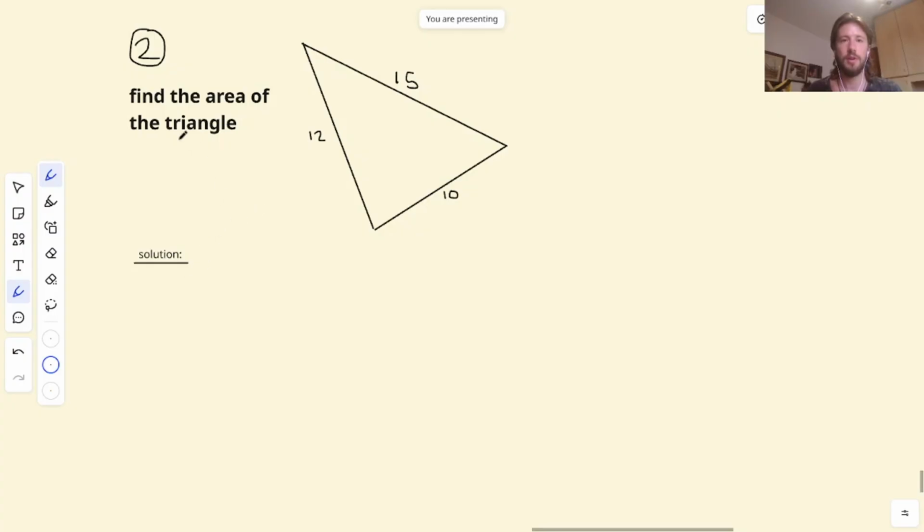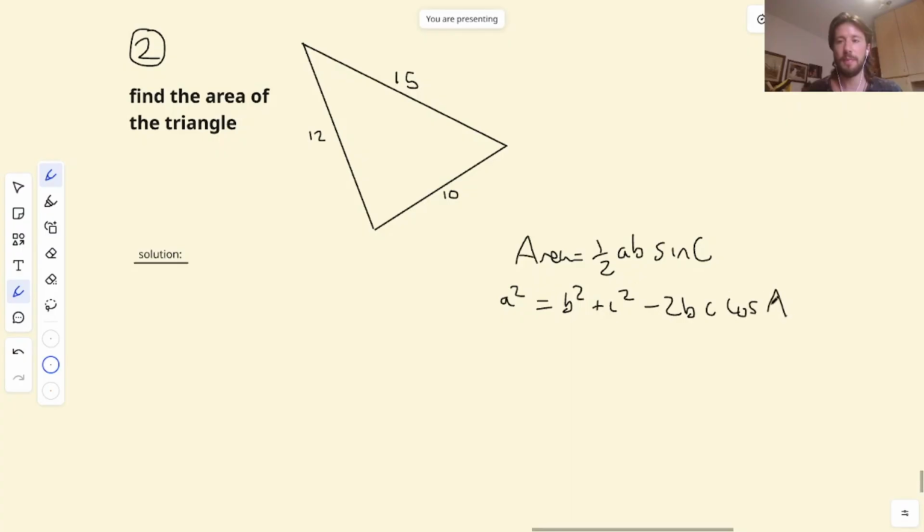So as I've said, in order to find the area of the triangle, we need to use that sine area rule. So our area is equal to 1/2 ab sine C. But in order to use our area formula, we need an angle. And in order to get an angle from this, we have to use the cosine rule. So we need to use a squared equals b squared plus c squared minus 2bc cos A. So let's try and find an angle.